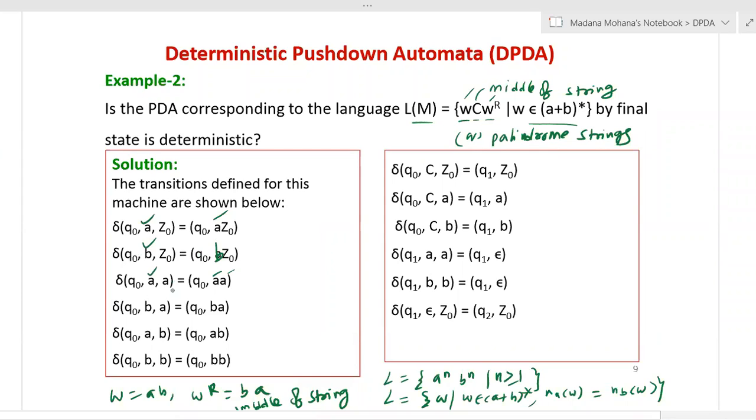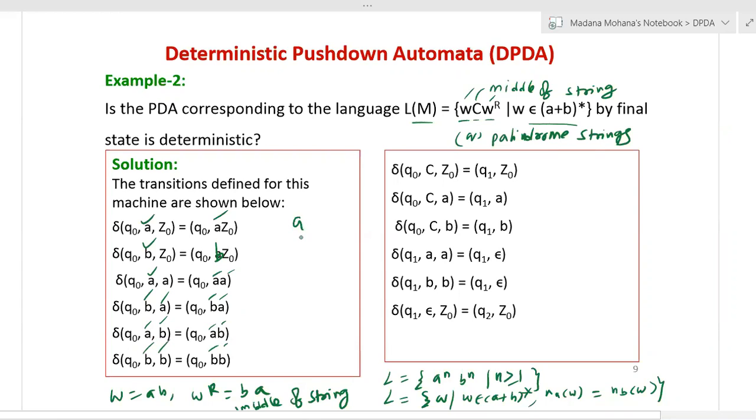Then if your stack top contains A and the input is B, because it may start with B, you have to push B also. Then if your stack top is B and your input is A, in this case also you have to push A. If stack top is B and input is B, in this case also you have to push. That means in the same state we are inserting all combinations.